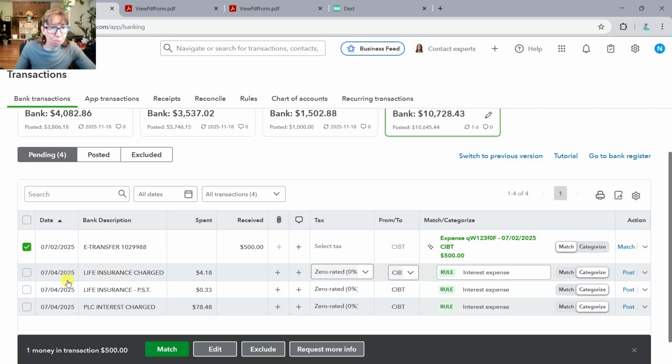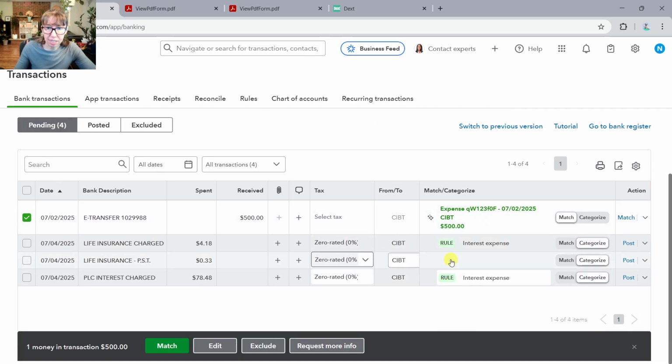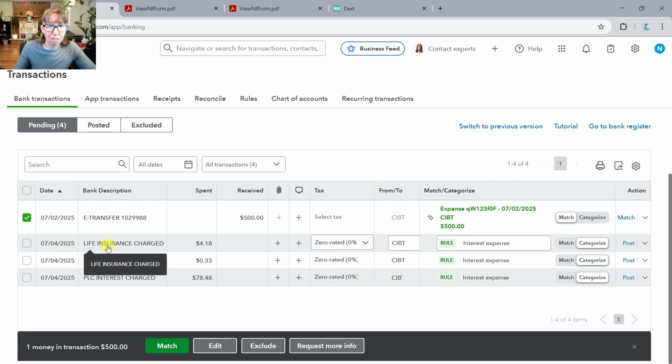Now we can see that we've got some rules lined up. For life insurance charged, we set up a rule that the vendor name is CIBT and there's no HST, and we're just going to put that to interest expense. I did discuss why I'm putting this life insurance to interest expense. Even though it is a type of insurance, it's covering the balance of the line of credit. So putting that to line of credit insurance, for example, would be completely fine as well.